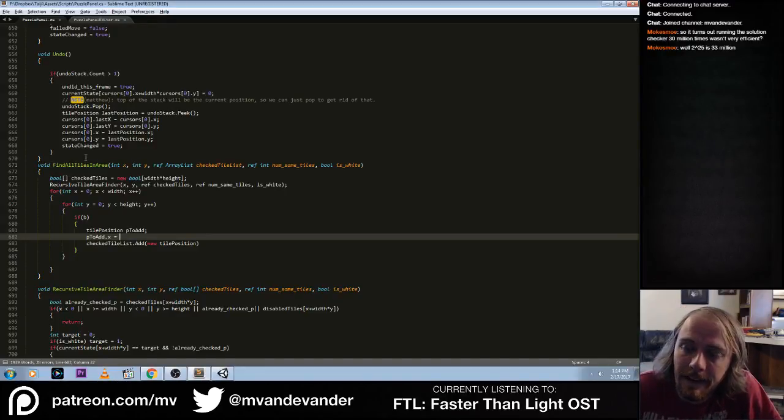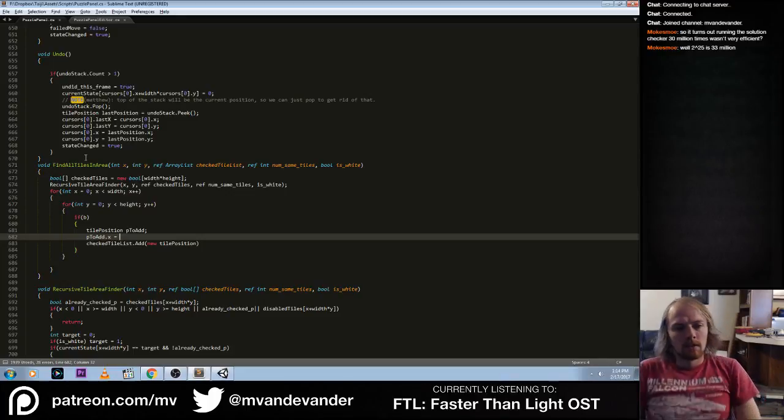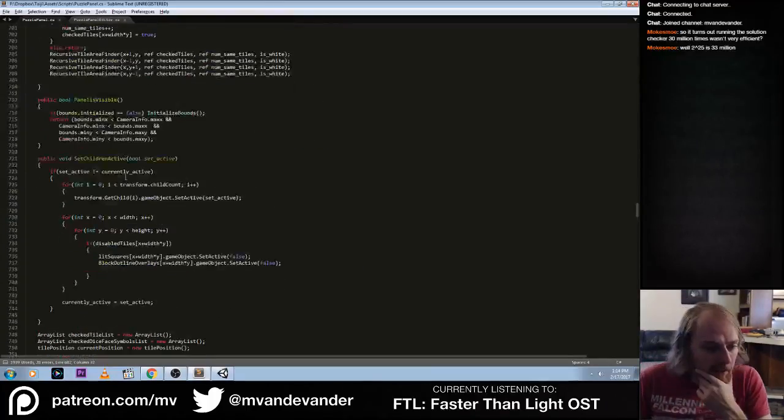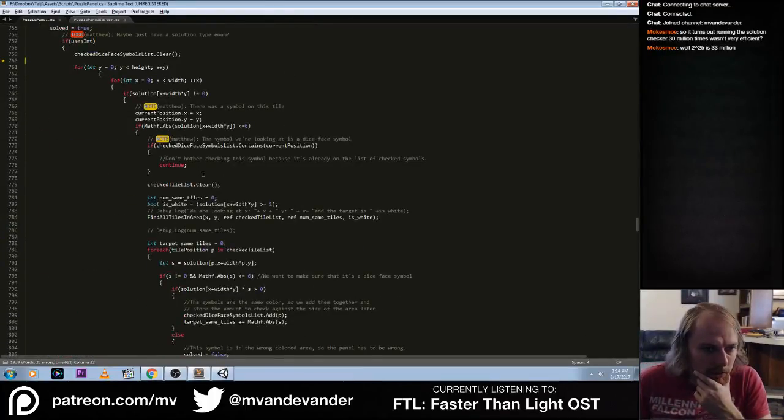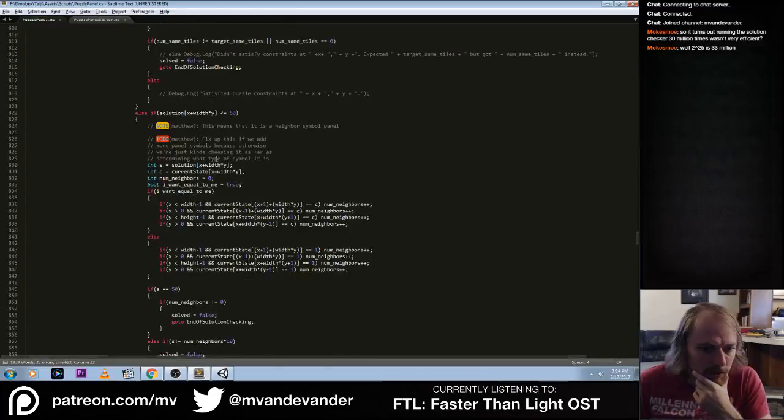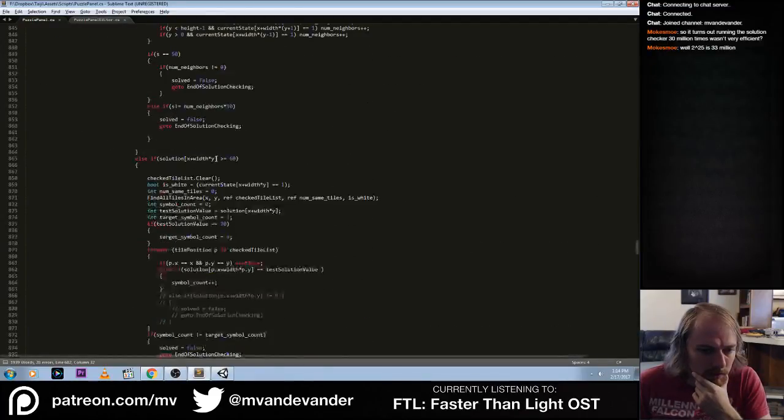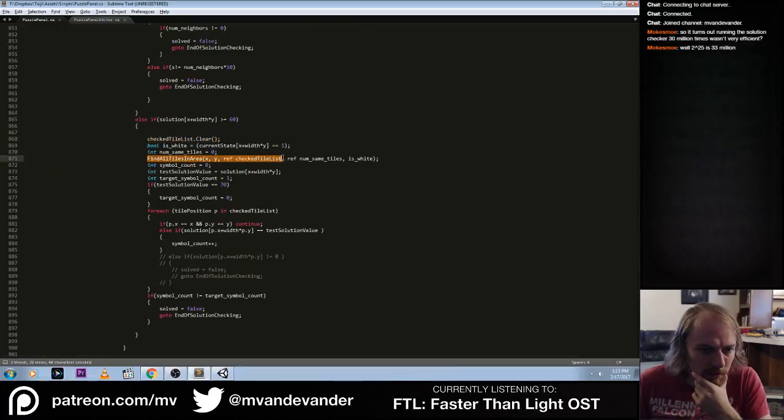I could do it though. I'm just trying to think. Let me just pop back up into this and see what I'm using it with, because when I do is solved, I'm clearing this list, then I'm finding all the tiles in the area, and then I'm going for each position in the list.